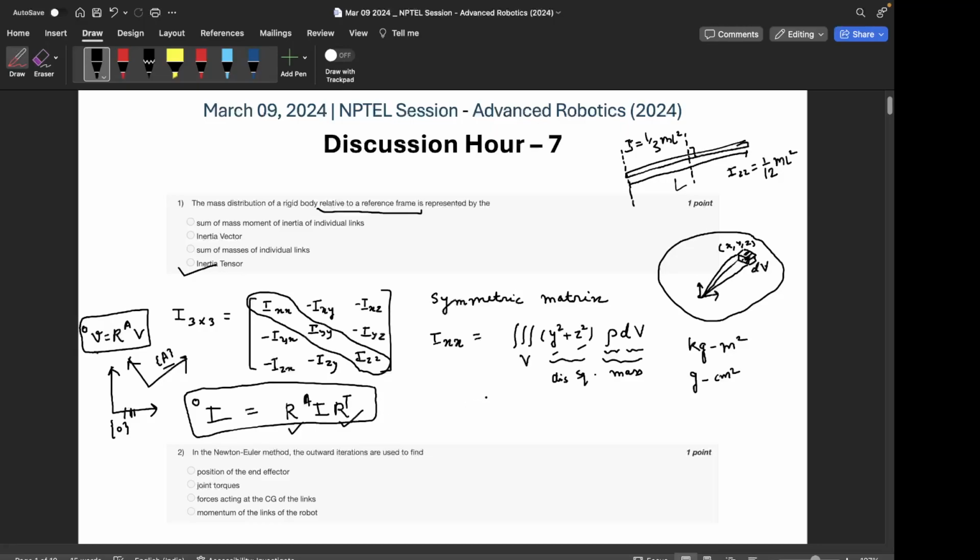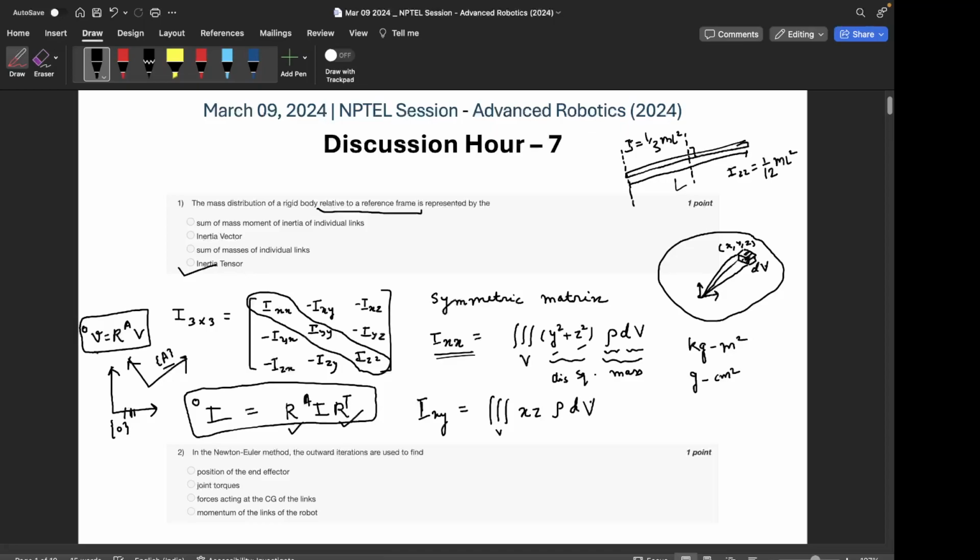All right, so this was about the diagonal terms. The off-diagonal terms, let's say Ixy, are again calculated as a volume integral, but the expression inside is different.